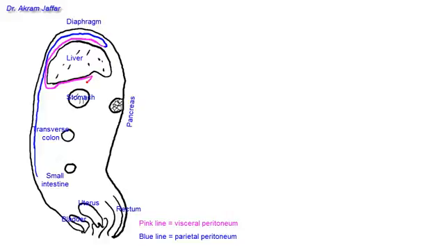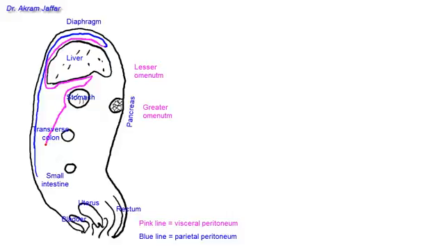It will be reflected as the anterior layer of the lesser omentum between the liver and the lesser curvature of the stomach. This is the stomach, and then passing on the anterior surface of the stomach to the greater curvature of the stomach, and then reflected from the greater curvature of the stomach as the greater omentum. So this is the anterior layer of the greater omentum.